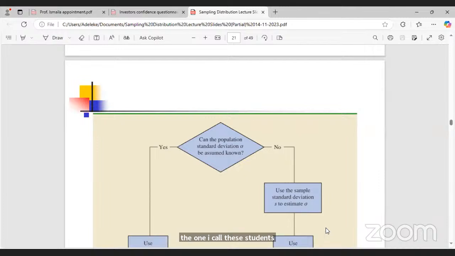It all depends on whether the standard deviation of your population is known. When the standard deviation is known, now look at what we have on the left. It says we use Z. Can you see Z alpha over 2? X bar plus or minus Z alpha over 2.